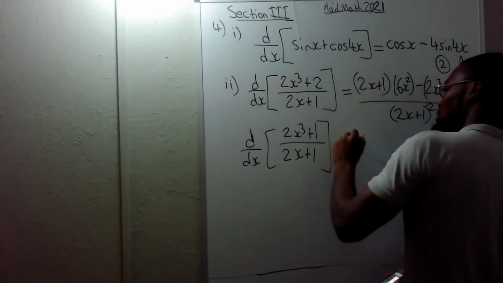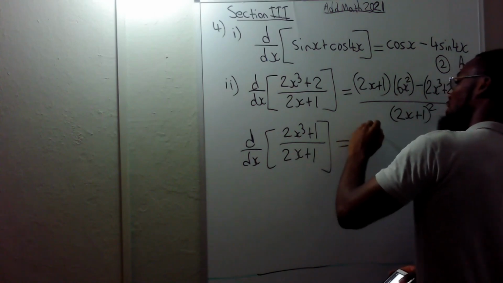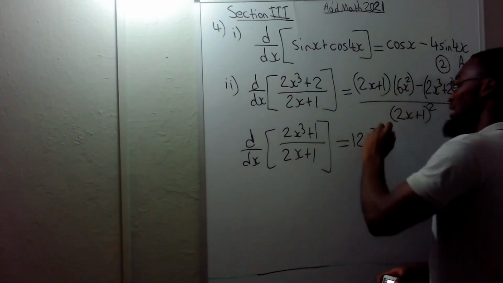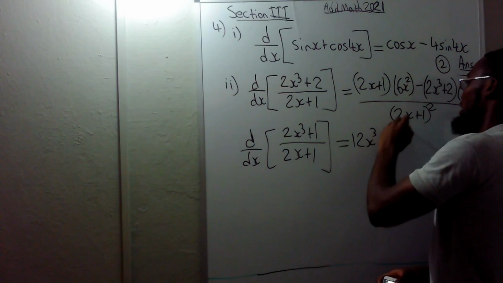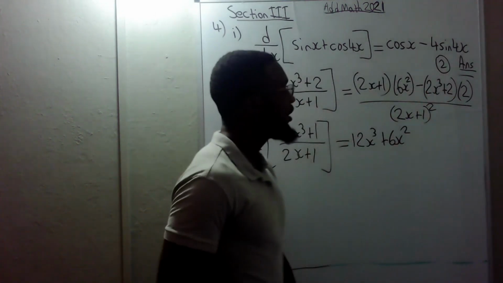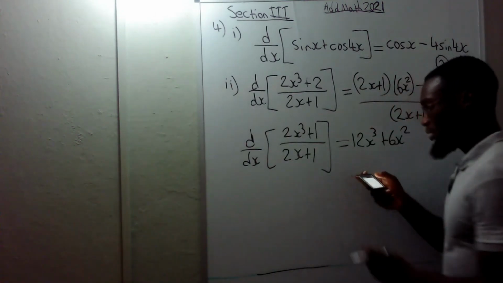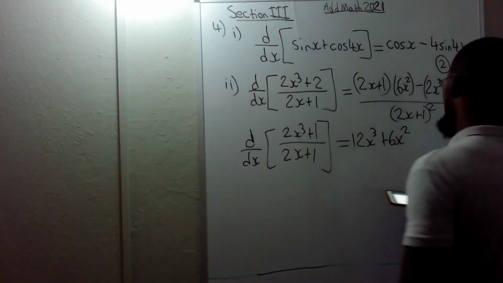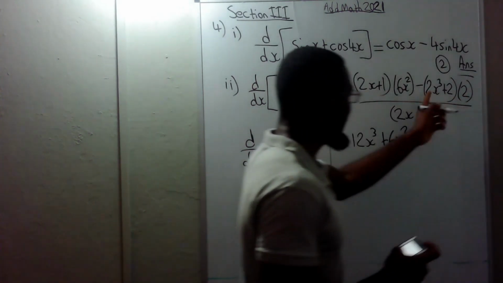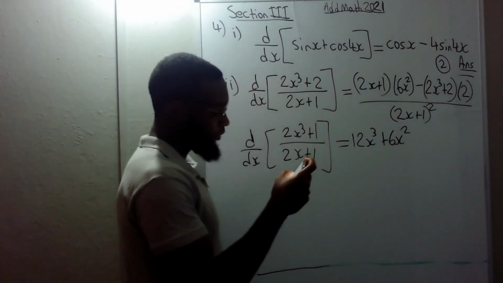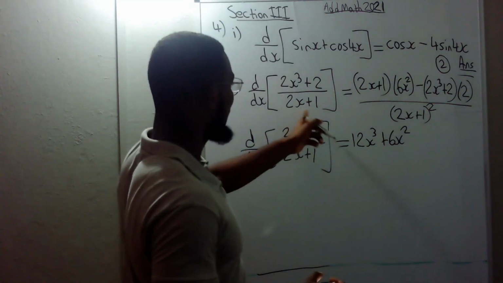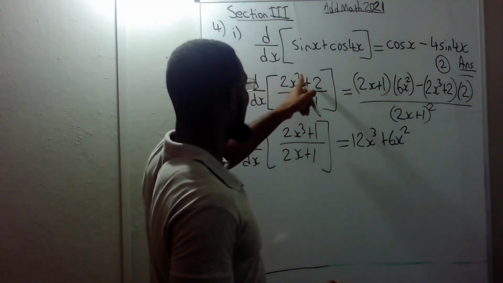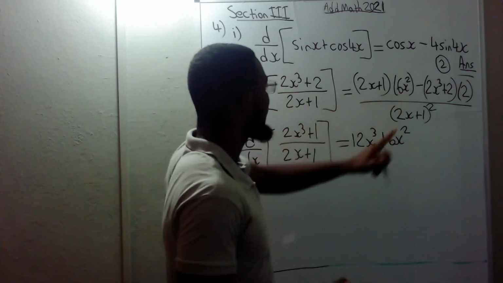6x squared times 2, that's 12x cubed. 6x squared times 1, that's 6x squared. 2 times 2 is 4. Just want to make sure I didn't make any error. Start with the bottom, times the derivative of the top. 3 times 2 is 6, 6x squared, good.